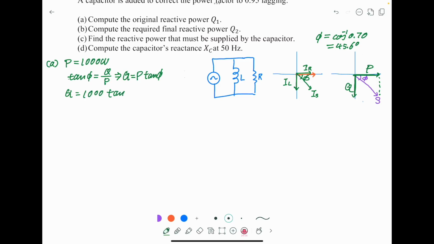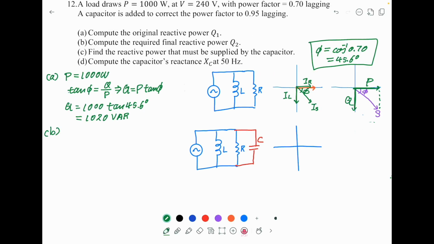Now the phi is the inverse cosine of the power factor. So you can see the phi is equal to 45.6 degrees. And you will get Q equal to 1020 VAR.